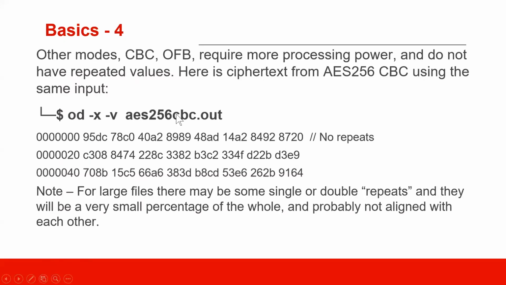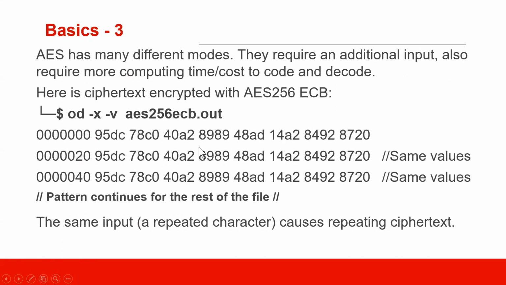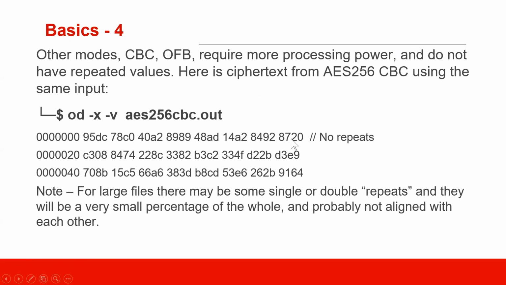Some of the others even change the first block. But let's go back here to CC again. 95 DC, just remember that, and 8720, we go to the next one. As you can see, the first block is the same, but after that, every successive one gets modified. So this is the same file, all A's, but every time it prints it out, it changes it for you.